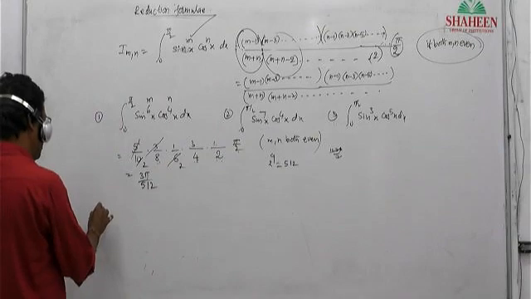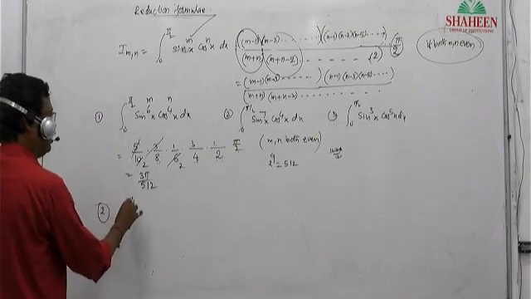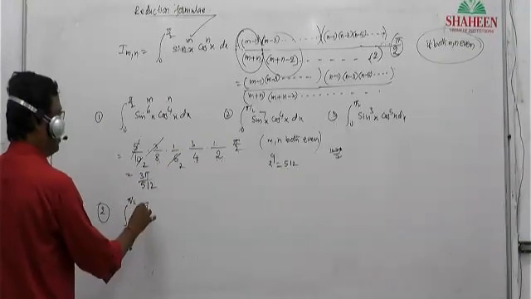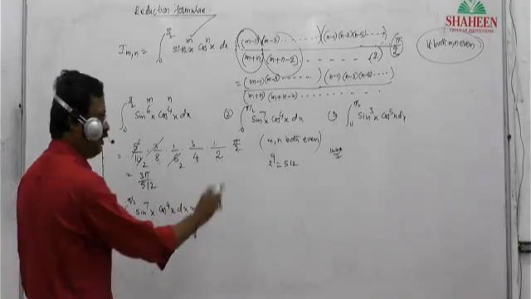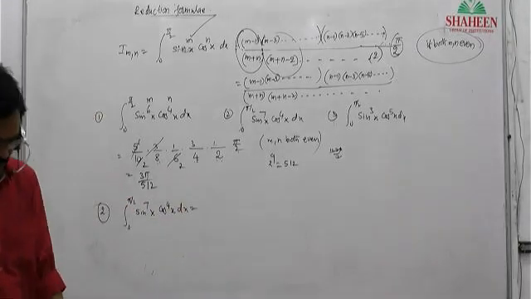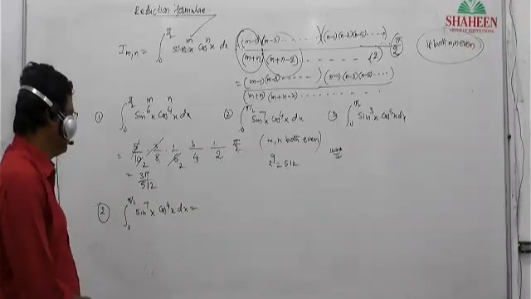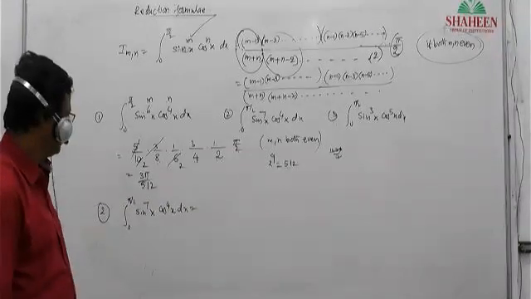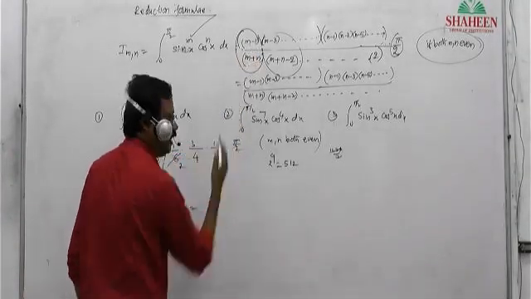Let us see the next one. 0 to pi by 2, sine power 7, cos power 4. Is it okay, all of you? Okay, is it okay? Right. First number is what? M minus 1 by m plus n.